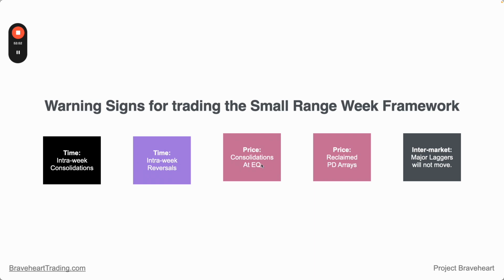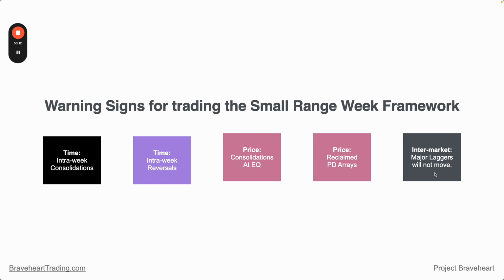When it comes to price, there's going to be a lot of lethargic price action at the equilibrium. And also PD arrays will be reclaimed once and twice. So just be mindful of that and use it as a warning sign, but also for a potential setup.